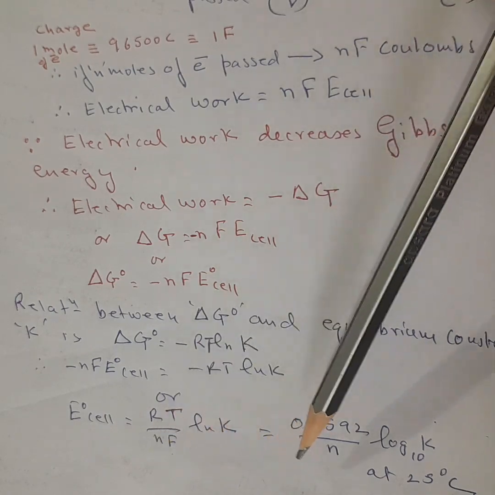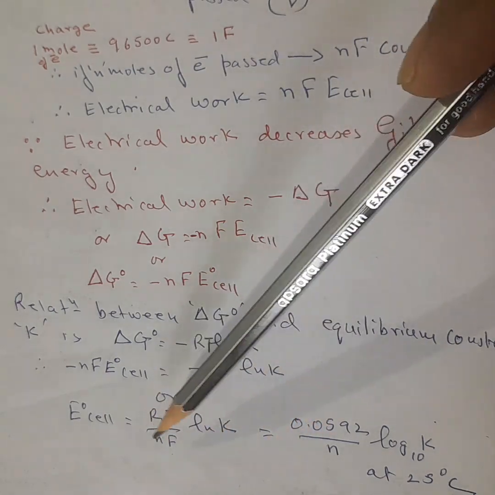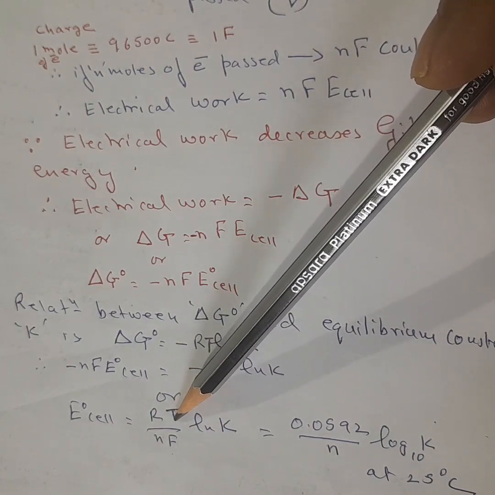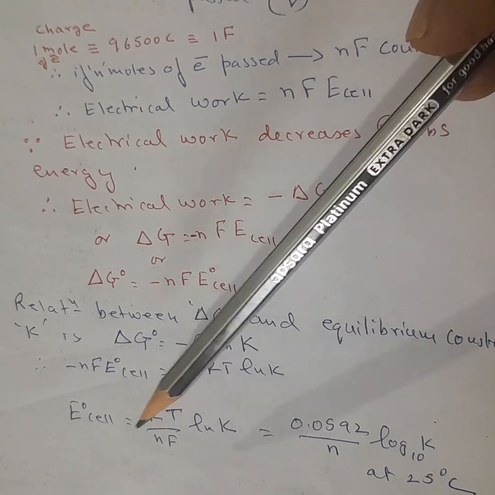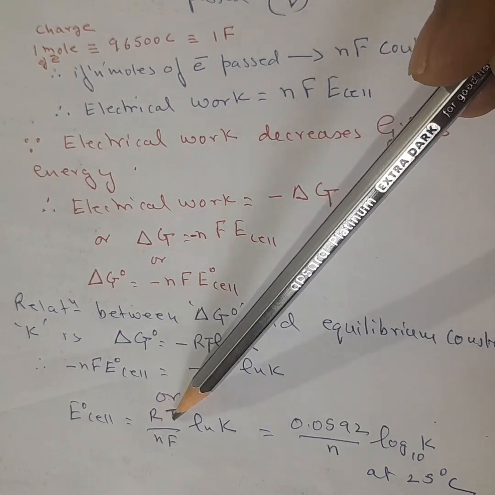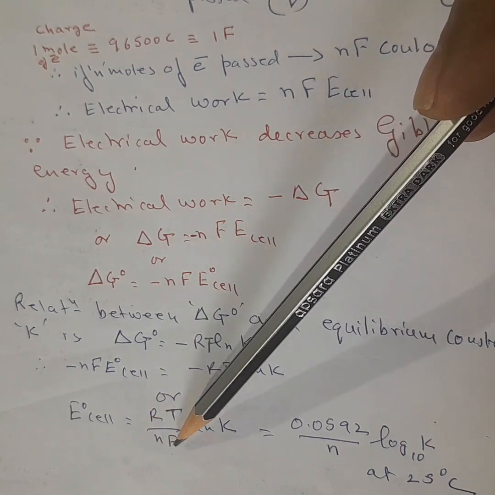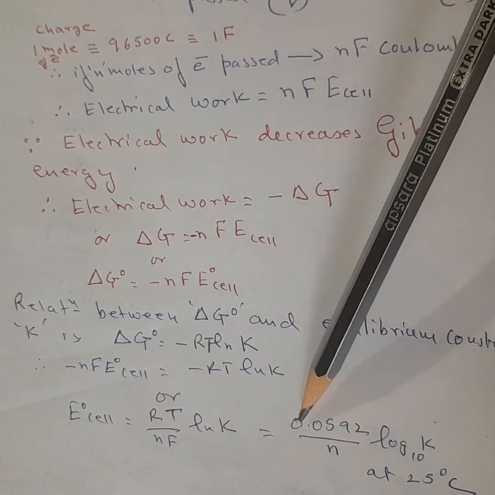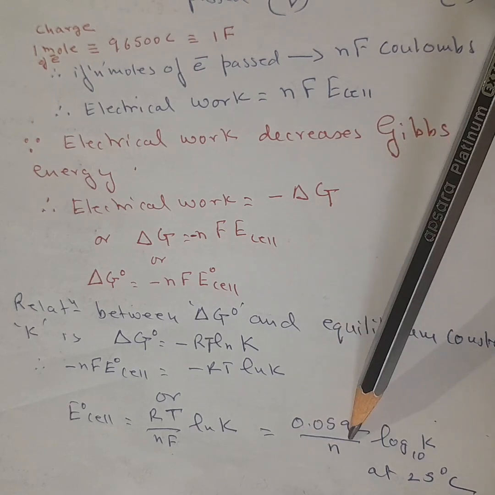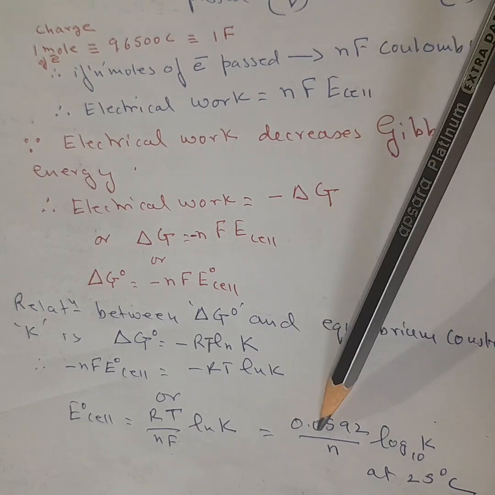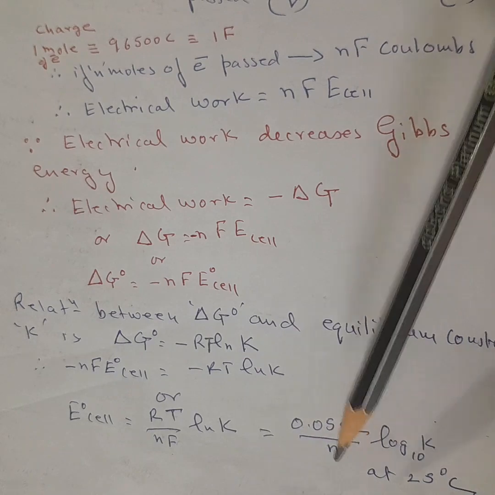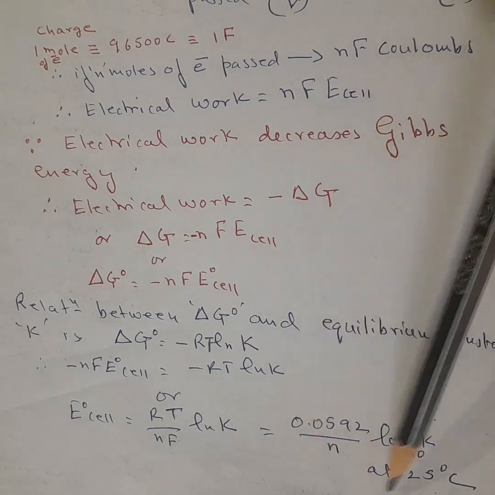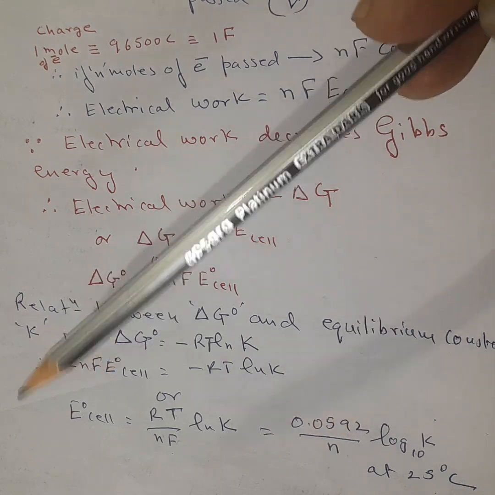Alright, so substituting all those values there for F, R and T, since it's standard, so we know gas constant, temperature 25 degrees Celsius, and Faraday 96500 coulombs. So on substituting all those values, this is what we end up with, which we have seen earlier also. So 0.0592 divided by n log K to the base 10 at 25 degree is our final formula for E0 cell.